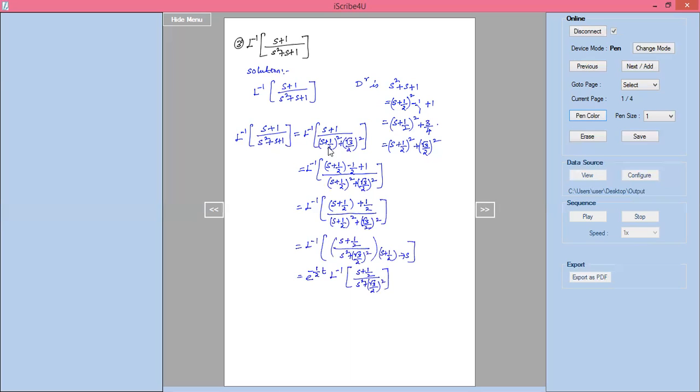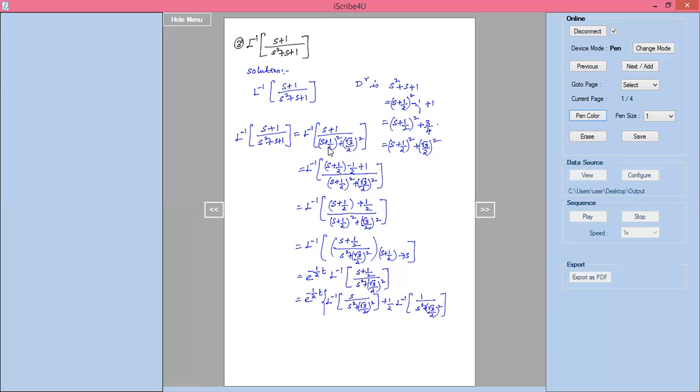Now we will write e power minus 1 by 2t into L inverse of s divided by (s square plus root 3 by 2 whole square) plus 1 by 2 into L inverse of 1 divided by (s square plus root 3 by 2 whole square).